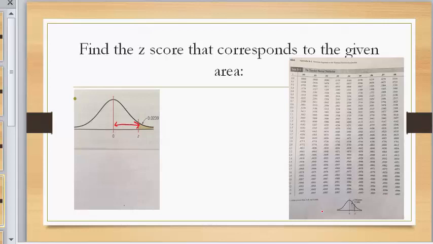So how could we find the area from 0 to z? What do we know? We know that the entire right-hand side of the curve is going to be 0.5.